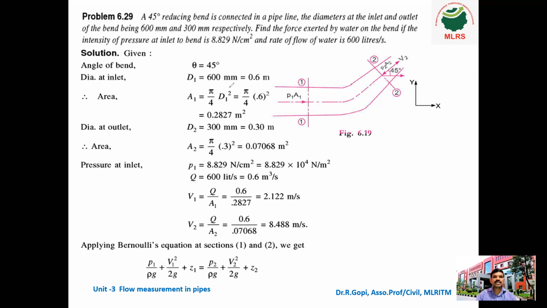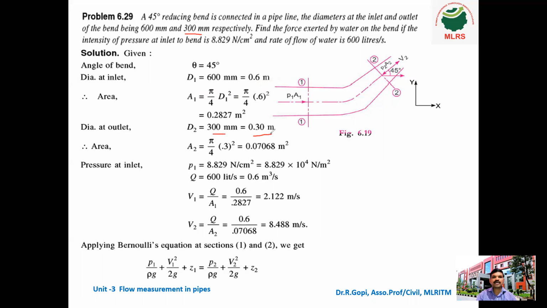Next, D1 is 600 mm. You convert it into meter, 0.6 meter. Next, the corresponding area of the pipe: A1 is equal to π/4 into D1 square, so π/4 into 0.6 square. We get an answer 0.2827. Next, the diameter of outlet is 300 mm.